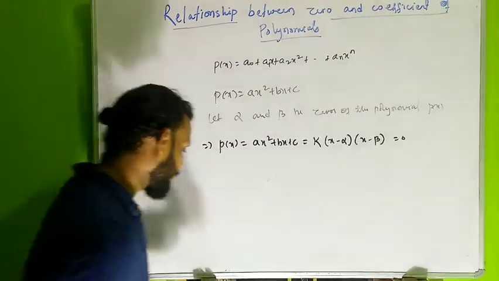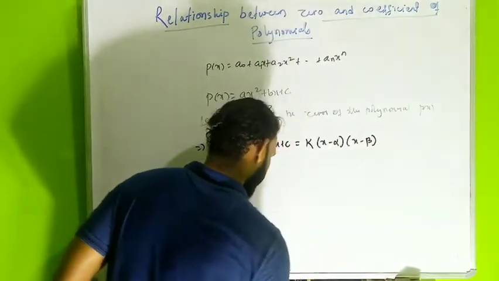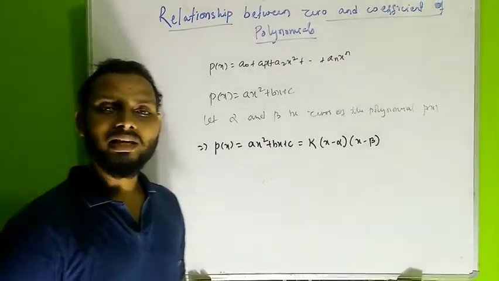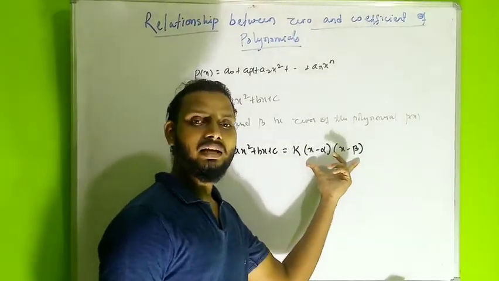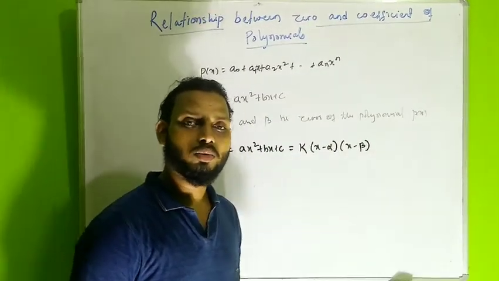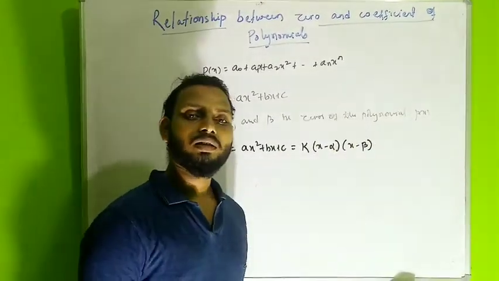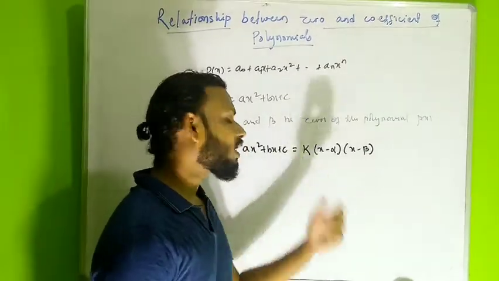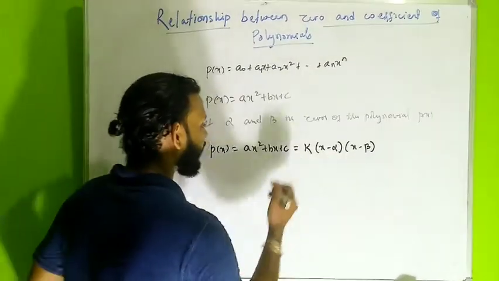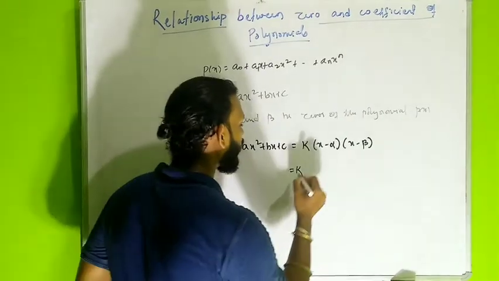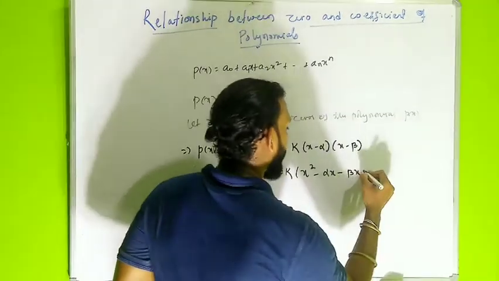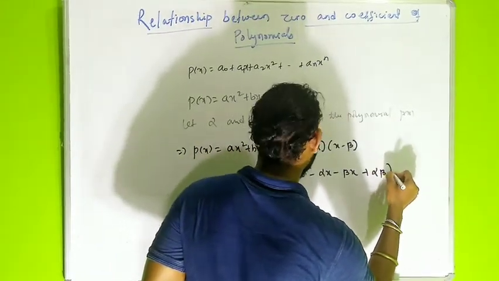Clearly, if I substitute alpha in place of x, the right hand side is 0, and similarly if I substitute x equals beta, the right hand side is again 0. Hence alpha and beta are the zeros of this polynomial. Now let us expand this right hand side. You will see k whole into x square minus alpha x minus beta x plus alpha beta.